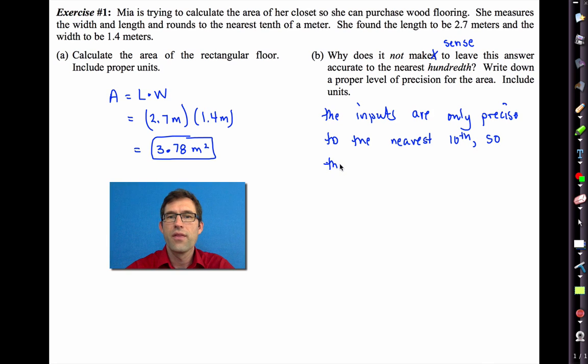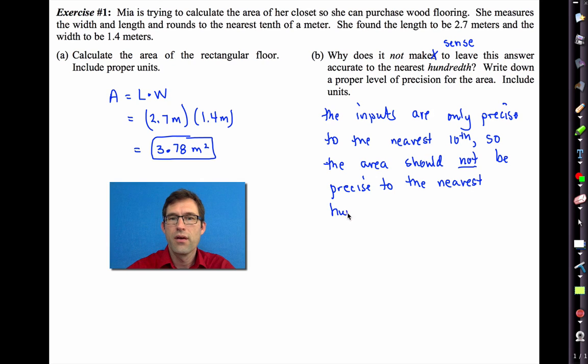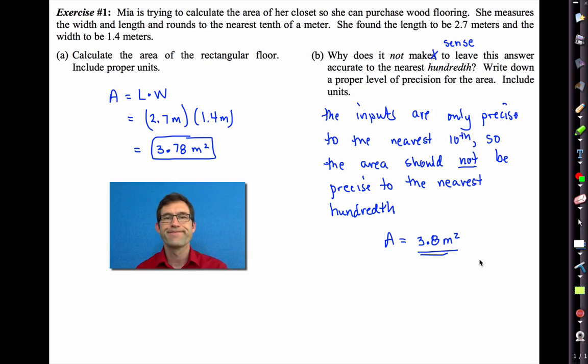So the area should not be precise to the nearest hundredth. In fact, we shouldn't make that answer any more precise than the inputs. So I'm going to say that the area is 3.8 square meters.